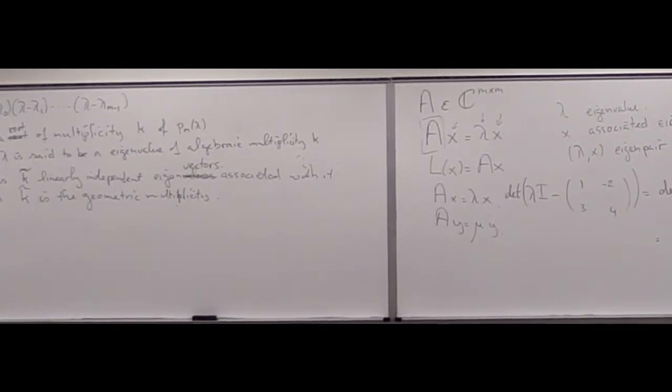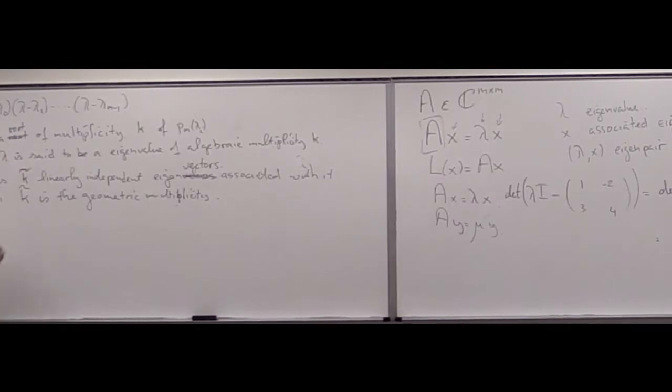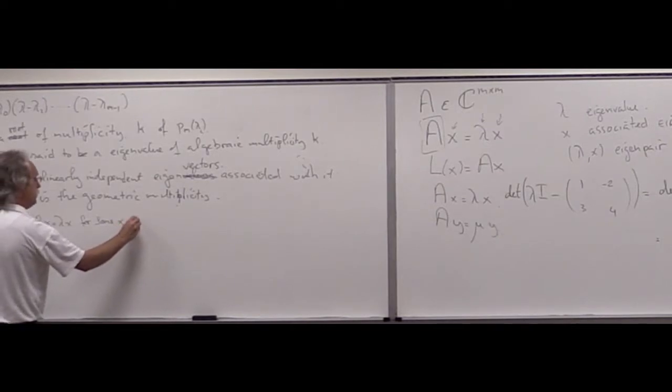So what does this all mean? Well, let's put some subscripts on this. And let's let, by the way, capital lambda of A be the set of all lambda such that A times x is equal to lambda x for some x not 0.